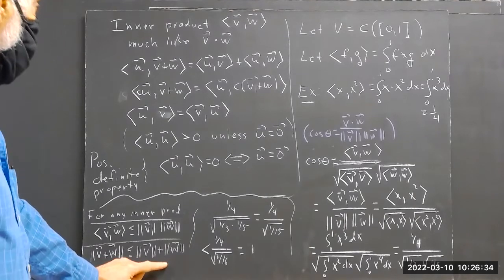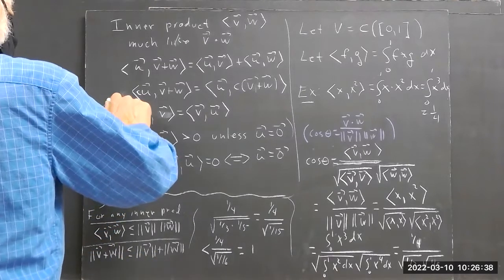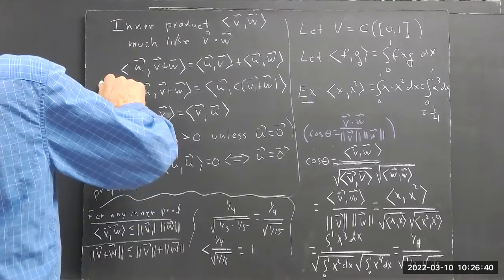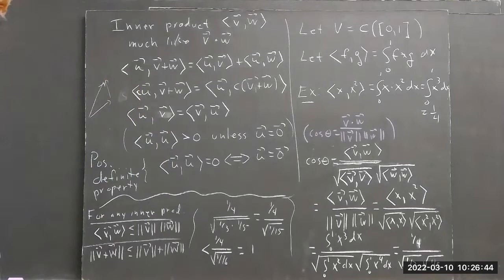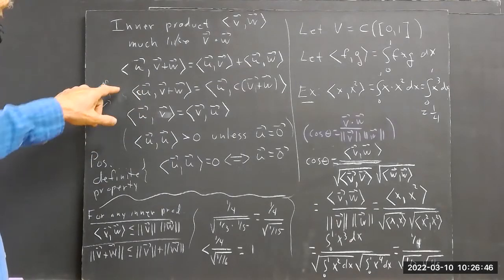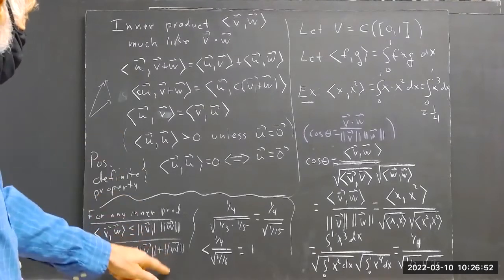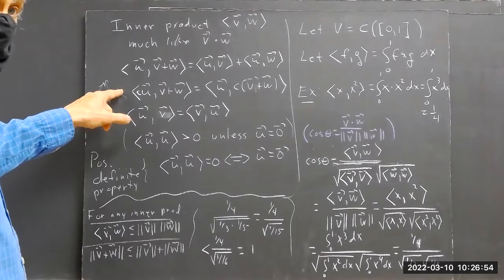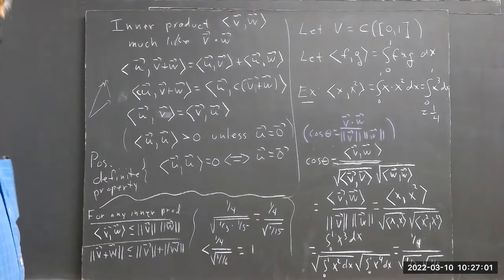Well, if V and W are vectors, then you've got V here and W here, and here's V plus W, right? So this is the hypotenuse of this triangle. The magnitude of V is the length of this, the magnitude of W is the length of this, and the magnitude of V plus W is the length of this. The shortest distance between two points is a straight line.